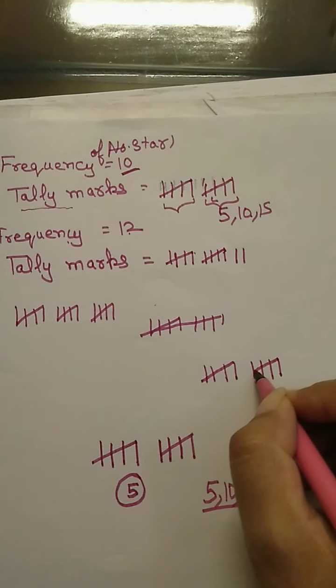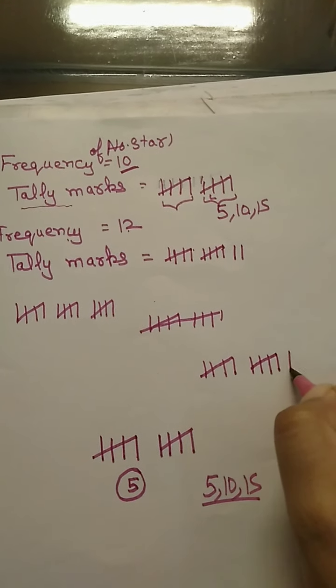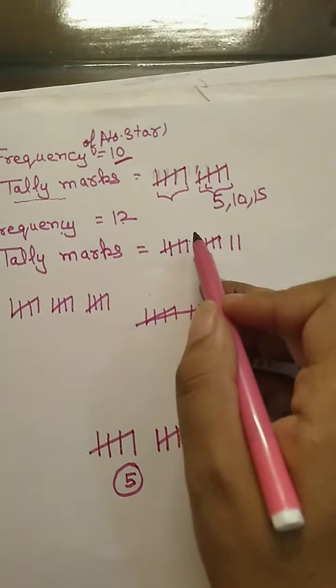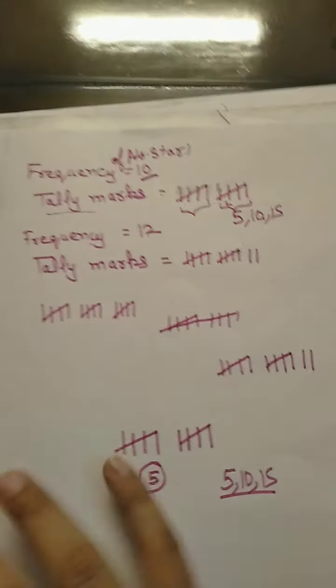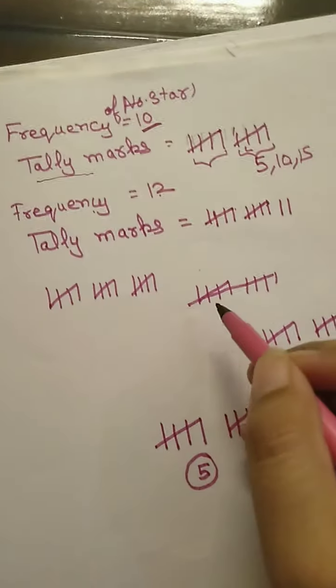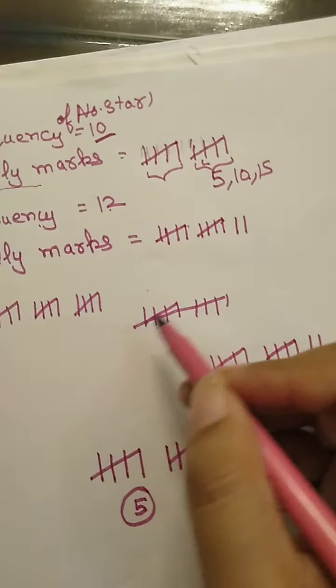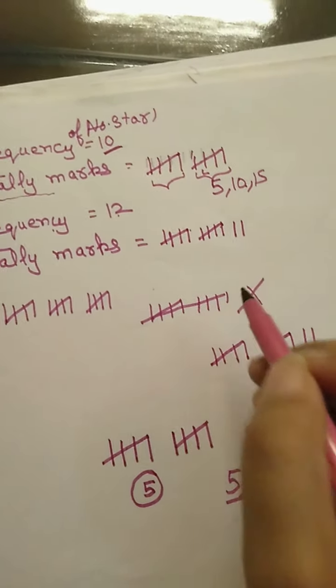By cutting the 4 lines diagonally. And then 11, 12. So here this is 1, 2, 3, 4, 5, 6, 7, 8, 9, 10, 11, 12. Remember, you can't cut like this, 1, 2, 3, 4, 5, 6, 7, 8, 9, 10. This is wrong.